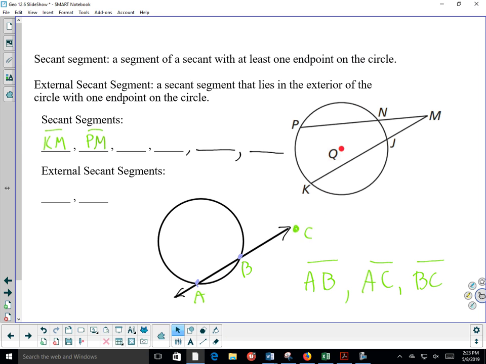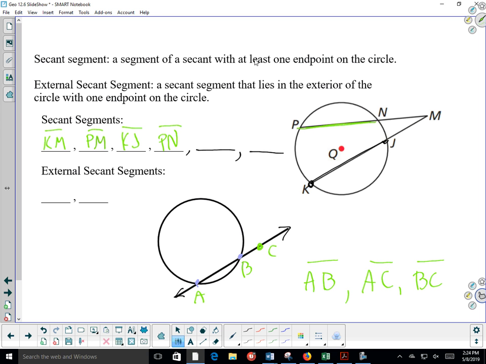So if I throw this point over here as well, then segment AB is a secant segment, and segment BC would be a secant segment, right? There's at least one endpoint on the circle. So I think KJ would work here, if I'm listing these. And I think PN would work as a secant segment.